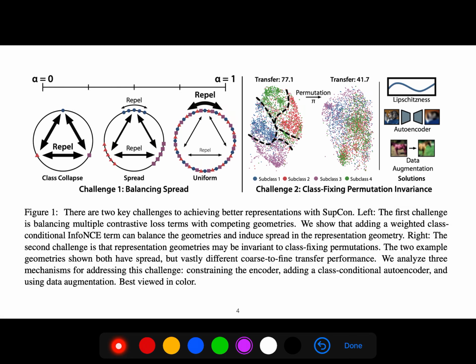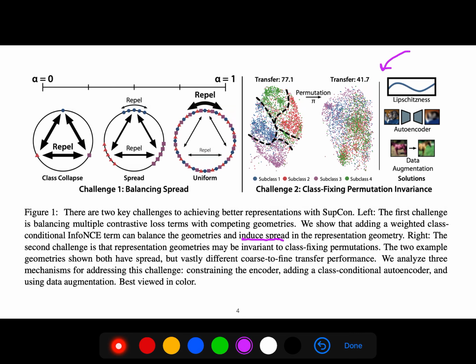There are two key challenges to achieve better representations. On the left, you see that the first challenge is balancing multiple contrastive loss terms with competing geometries. We show that adding a weighted class conditional InfoNCE can balance the geometries and induce spread in the representation geometry.